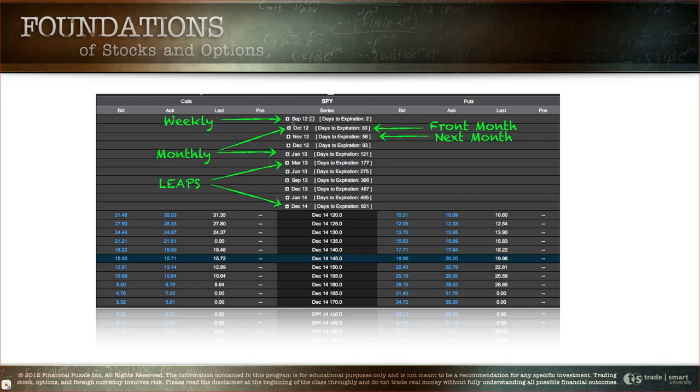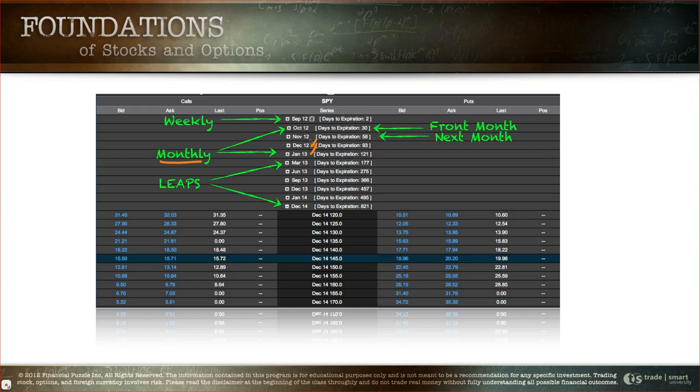Now, if you come down the chain a little bit, take a look. You see the September 2012. Well, that used to be a monthly option, but it is currently the weekly option because it expires in 2 days. Now you come out, you have October 2012, November, December, and January. These are all less than 9 months, so these are the monthly options, okay?